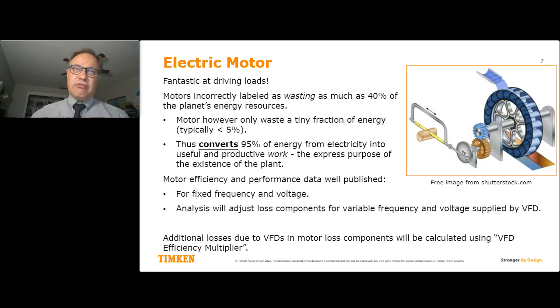So I needed to devise a method to take this electric motor and maybe its existing plant, where I have maybe just the rating plate information and not all the different loss components. I need to calculate them so that I can apply this adjustment formula to get real examples and not ignore things because they're difficult to get.